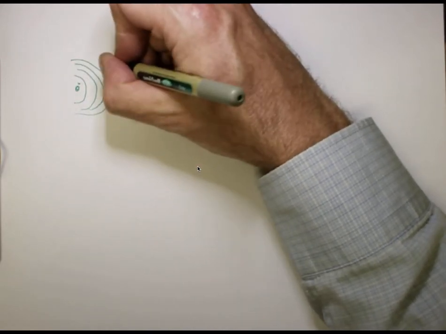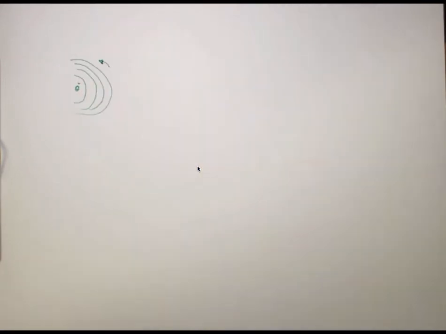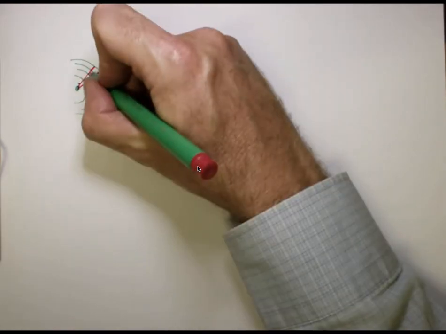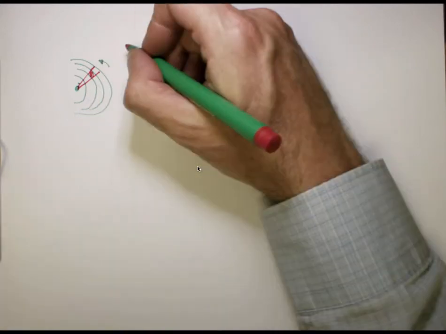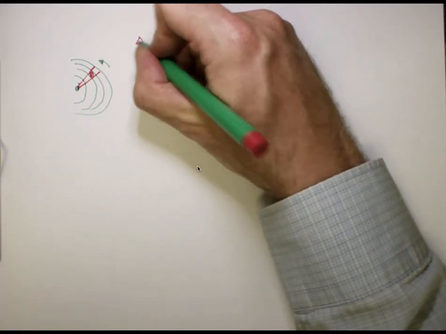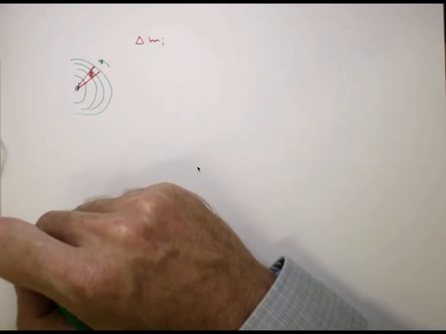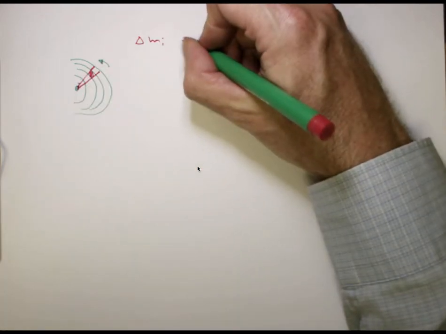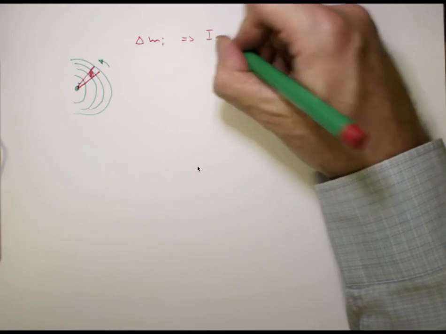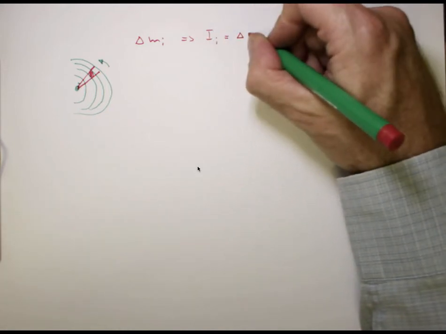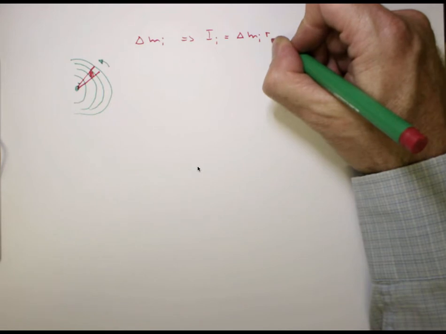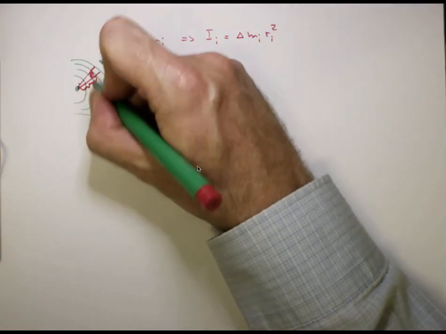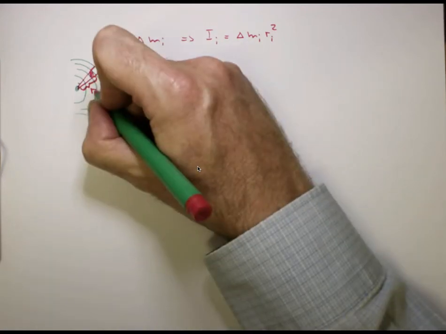Like this, the entire disk moves anti-clockwise, and we can now identify little masses, delta mi, on that disk, and they're all contributing inertia. So this one, for example, contributes an inertia Ii, which is equal to delta mi times the radius ri squared, whereby that radius is exactly that distance, ri.